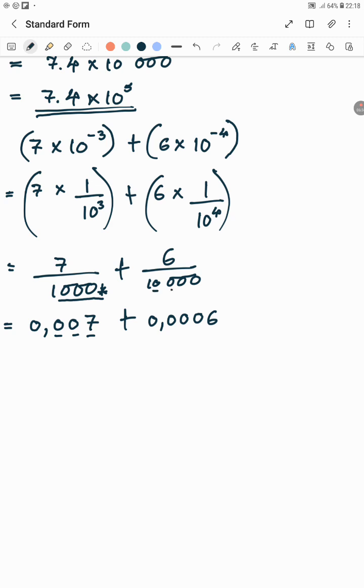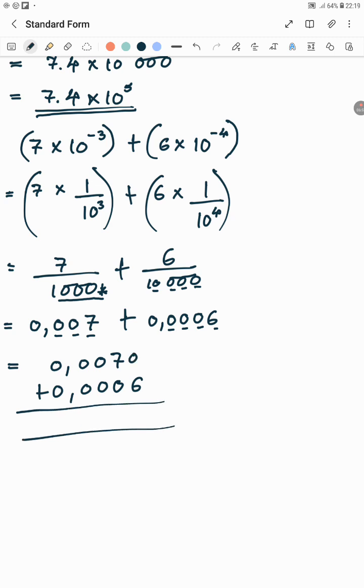So 1, 2, 3, 4 zeros, 1, 2, 3, 4 decimal places. So now if you add this 0,007 plus 0,0006, here you can put a placeholder. This one becomes 6, 7, 0, 0, like that.